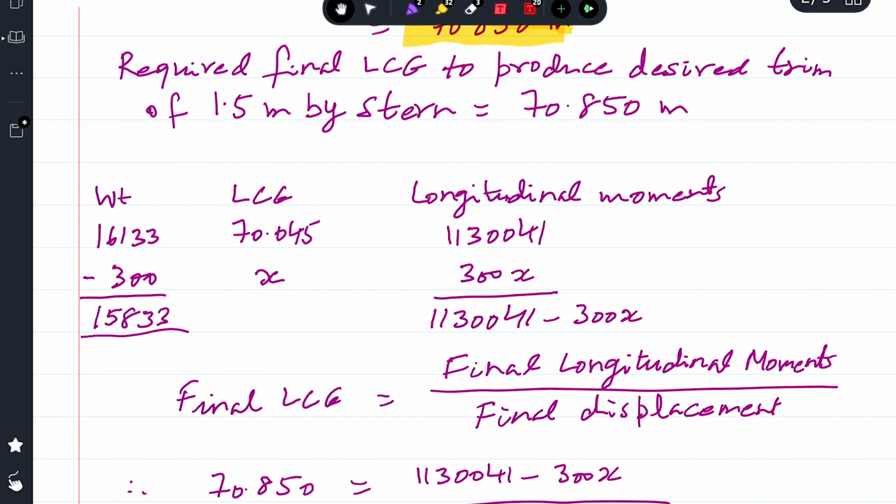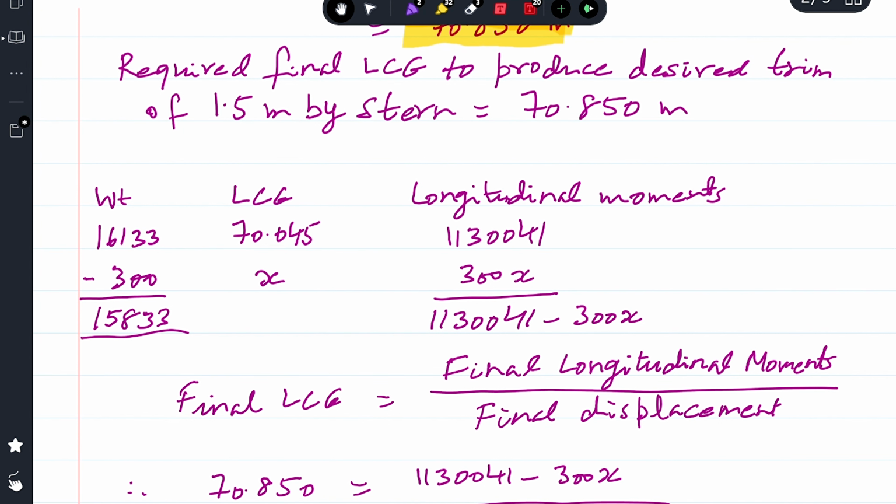Since we are discharging cargo, displacement will be reduced. So we subtract 300. So 15833 is the final displacement. And longitudinal moments also we will subtract because cargo is being discharged. So 1130041 minus 300x. Formula for final LCG is final longitudinal moments upon final displacement.